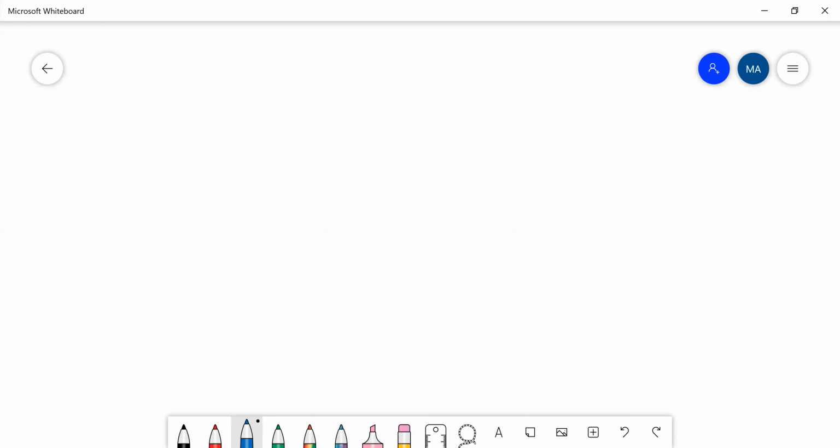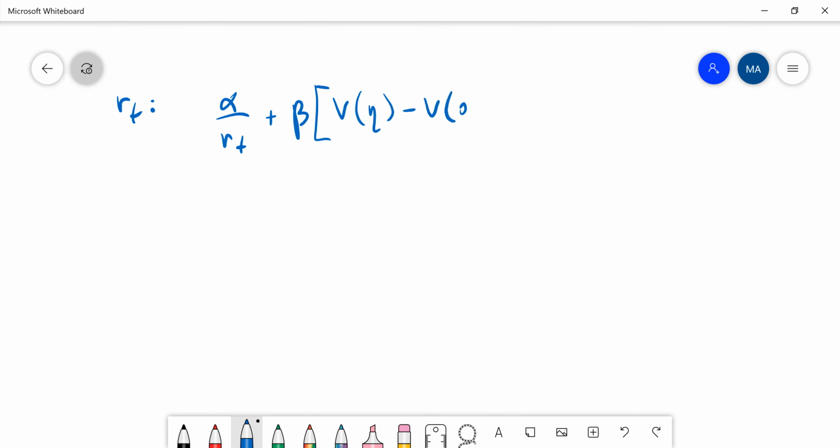So if you take the derivative with respect to RT, you're going to find something like this. You're going to find alpha over RT plus beta times V eta minus V0 times 2 theta RT. Okay.